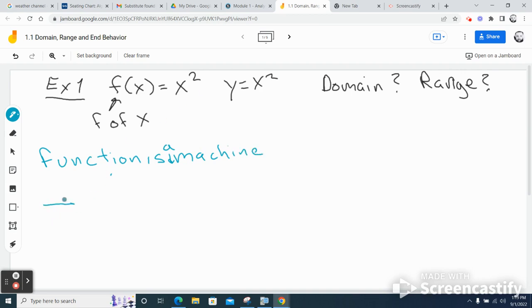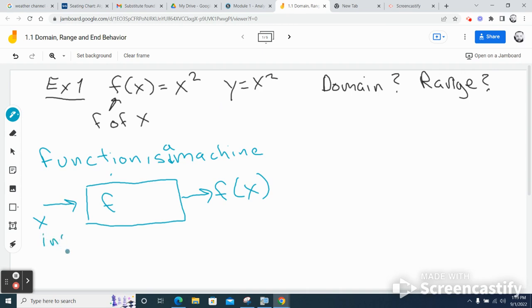What I mean by that is you're going to have an x value that goes into your function f, and then it's going to spit out an output, which is f of x. Now, you're used to thinking of it in terms of x and y, but x is what we call the input, and f of x is what we call the output.